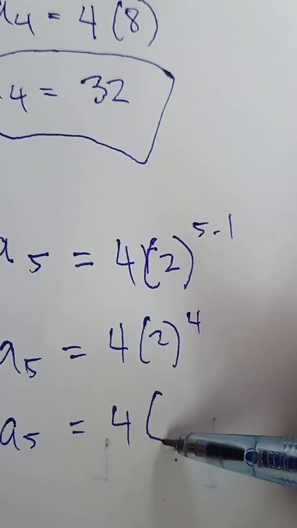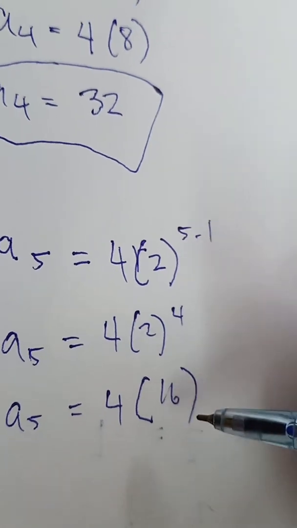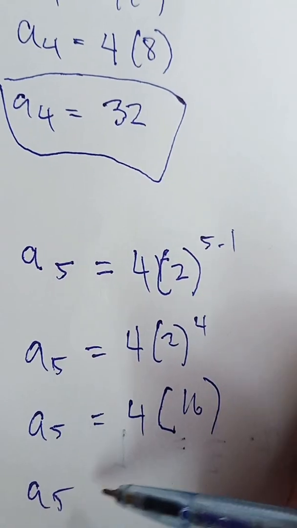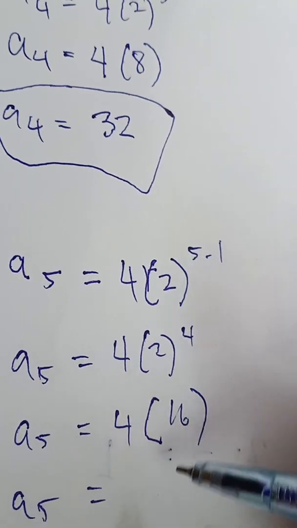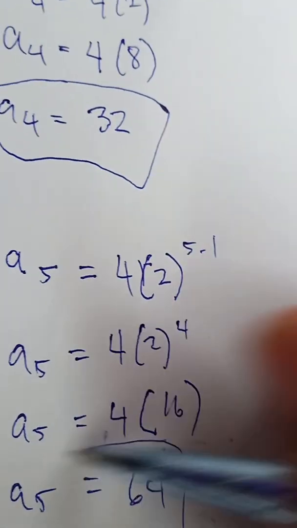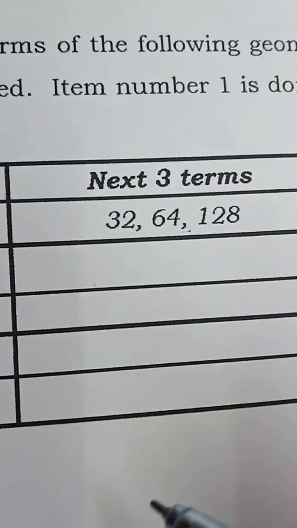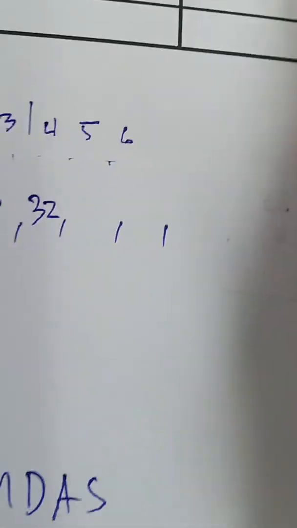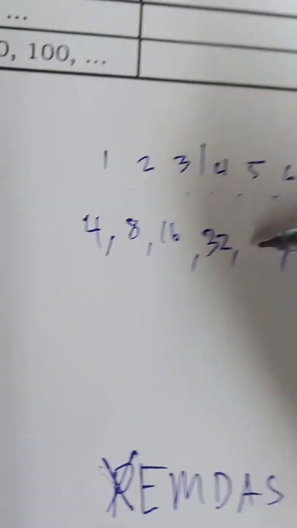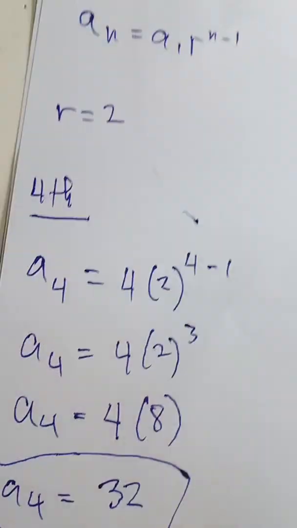So 2 raised to 4 is 16. And of course, a sub 5 is equal to 4 times 16, that's 64. You can check that using your calculator. So tama, no? So a sub 5 is 64.